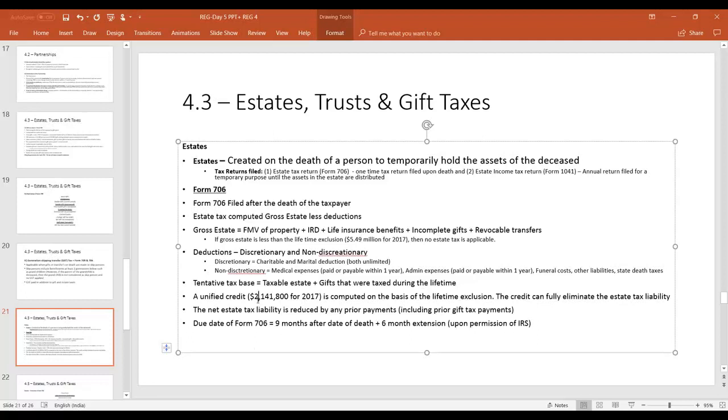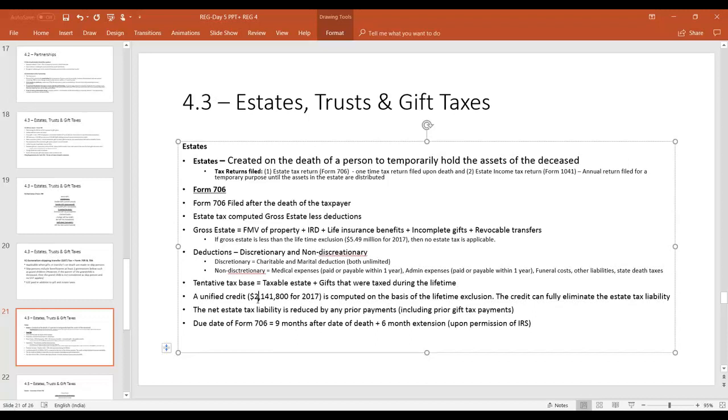The related unified credit is 2.141 million. If an individual has an estate that is lower than 5.49 million, obviously they do not have to file an estate tax return. But if you have an estate worth so much or more, then you will have to file an estate tax return.